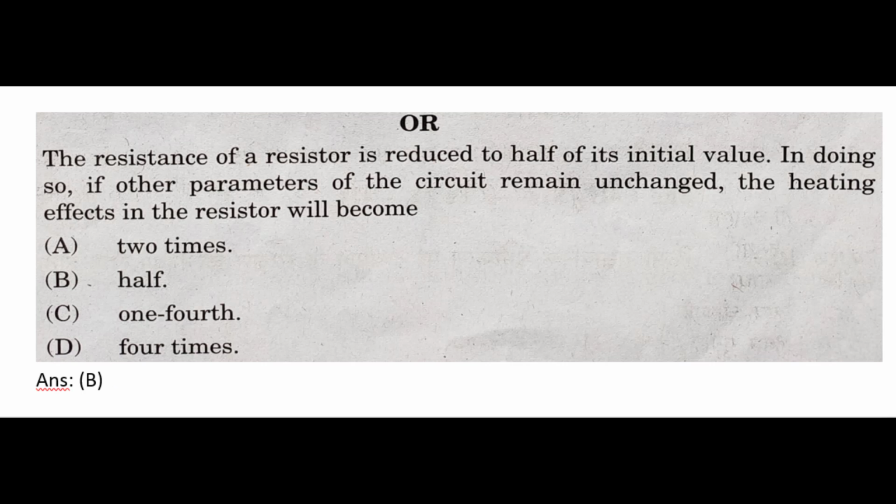Next there is an optional question. The resistance of a resistor is reduced to half of its initial value. In doing so, if other parameters of the circuit remain unchanged, the heating effect in the resistor will become? Here is the relation between heat and resistance.